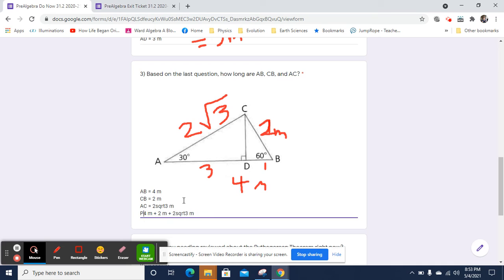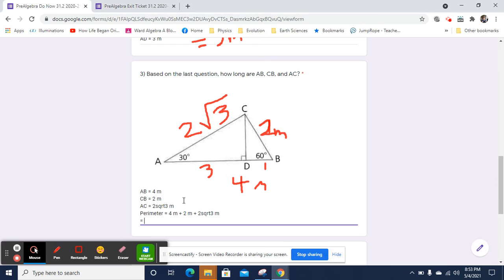I'm just going to say perimeter equals 4 meters plus 2 meters plus 2 square root of 3 meters. So let's see what that simplifies to. Okay, so 4 meters plus 2 meters can be simplified to 6 meters. And 2 root 3, well, in fact, what we would do is just leave it.